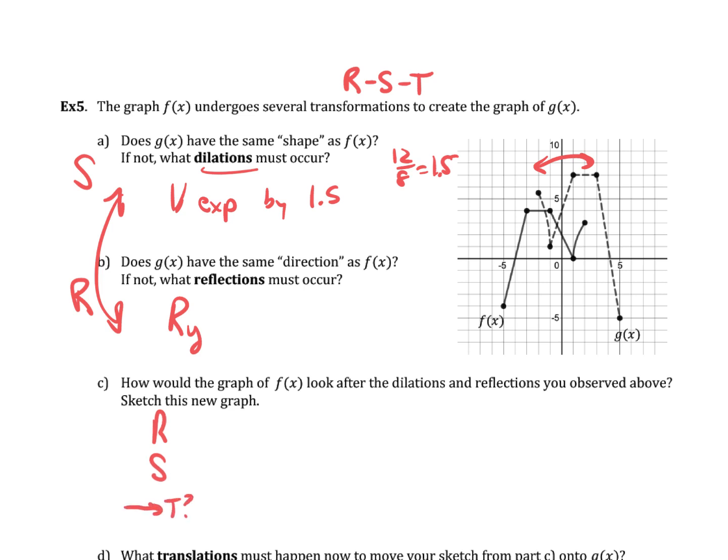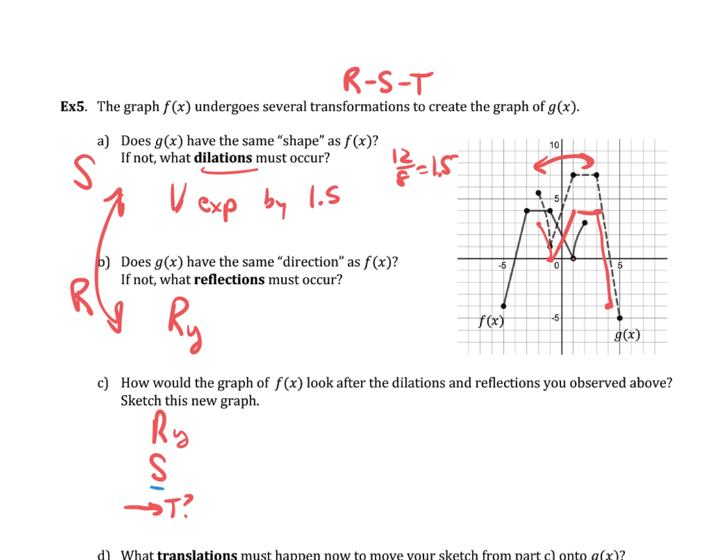Okay, so if I reflect this first over the y-axis, this point's going to go here. The top of the curly thing goes here, so the little curl is. This point goes here. I get that. You could probably do this just as fast as I could. That's kind of what it looks like. But then if I stretch it by 1.5, these things that are at a height of like 4, those go up to a height of 6. Let me change color.